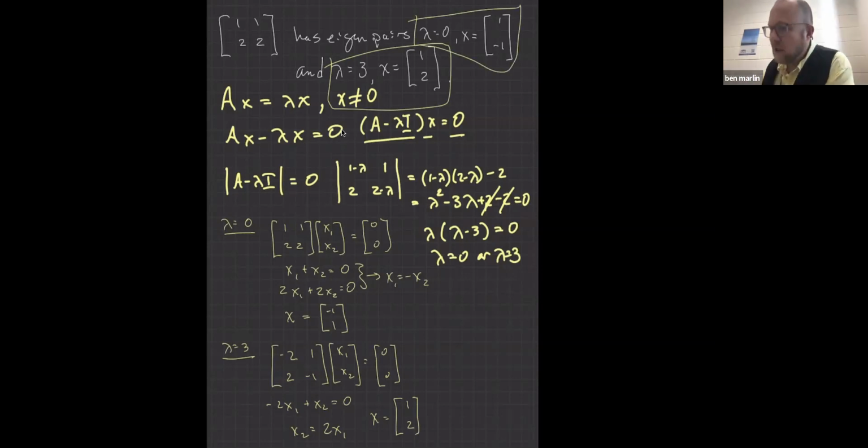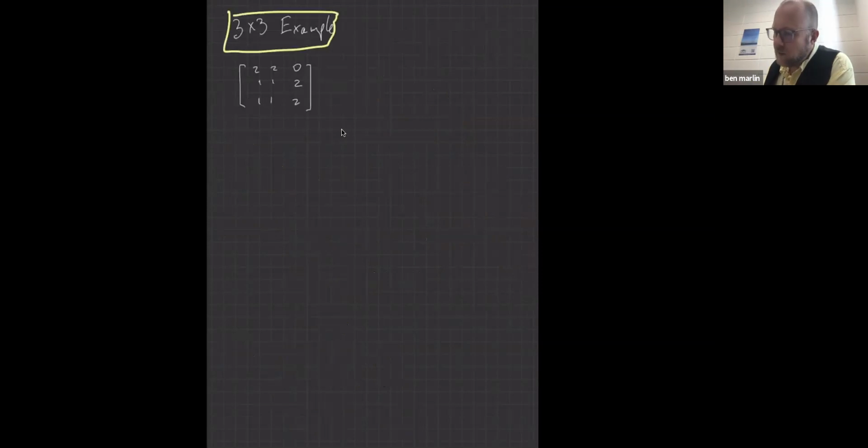So let's shoot for a 3x3 example, all right? So with our 3x3 example, we're going to start right off with the determinant part. So 2 minus lambda, I'll put a 1 and a 1 here, and a 2 and a 1 minus lambda there, and a 1, and a 0, and a 2, and a 2 minus lambda, okay?